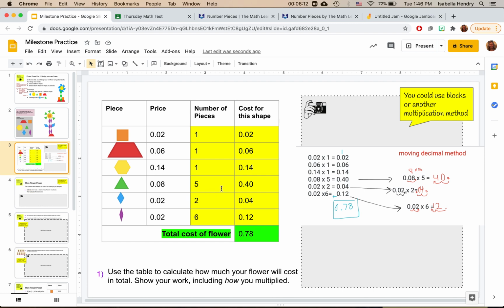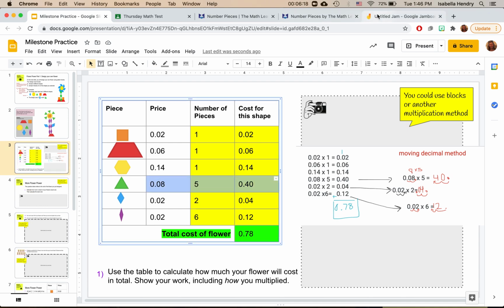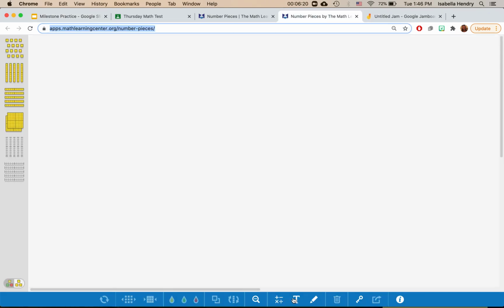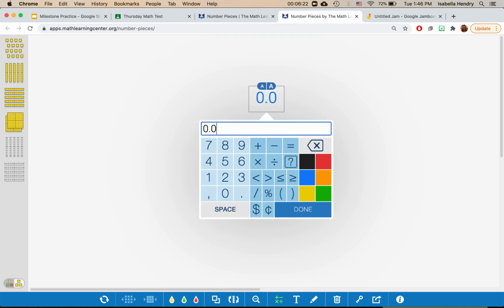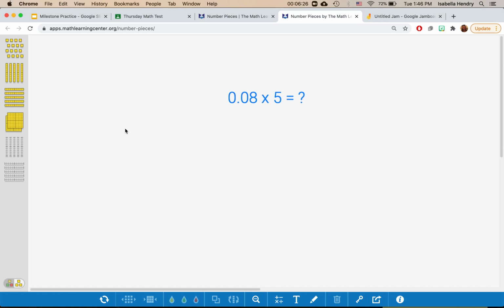If you wanted to use blocks to multiply, because this is a pretty small number, I'll show you quickly how you could do that. Let's look at this one: 8/100 times 5 equals something. I would get out my blocks, 1, 2, 3, 4, 5, 6, 7, 8.